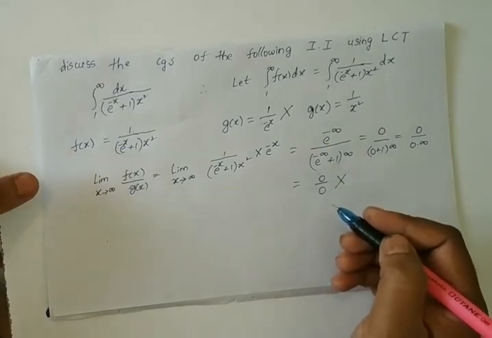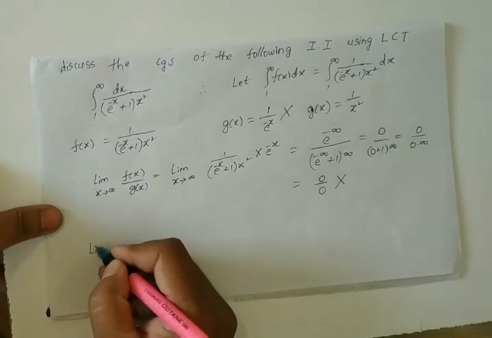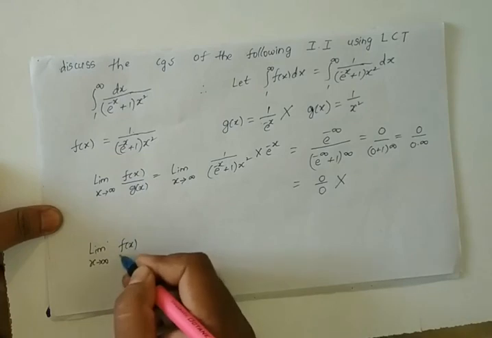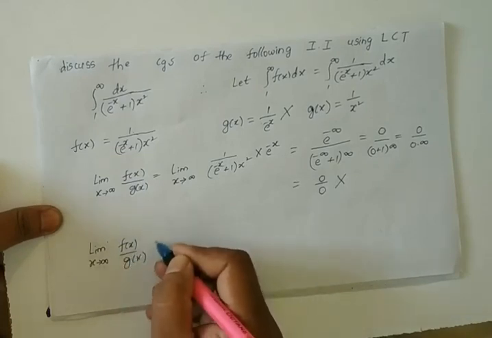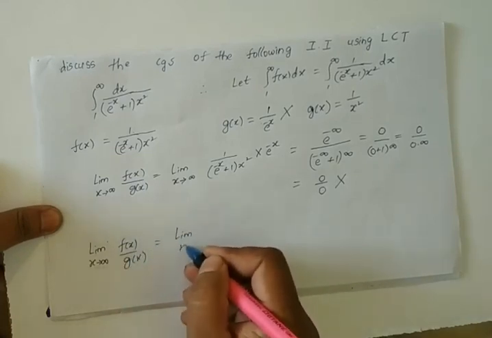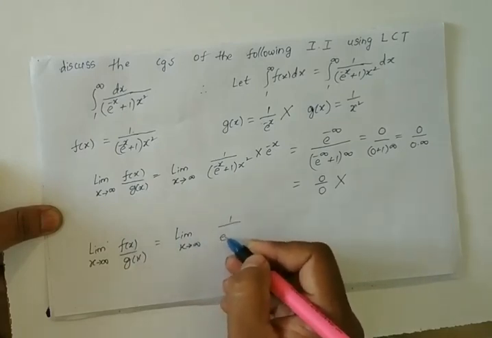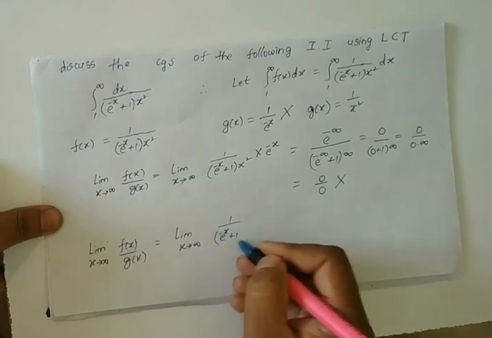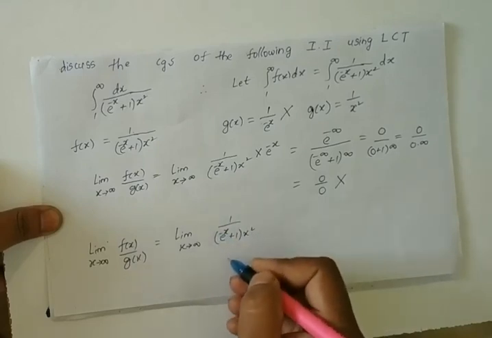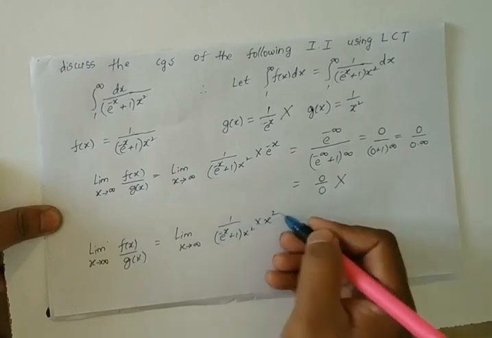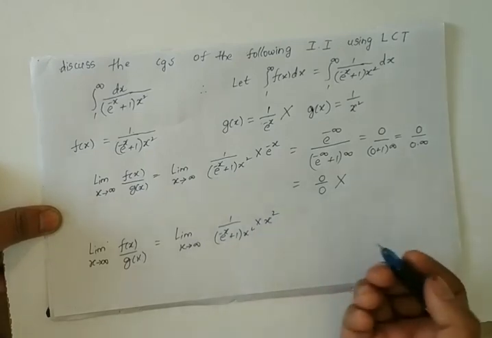This is equal to the limit as x tends to infinity of 1 by (e power minus x plus 1) into x square, divided by 1 by x square, that is multiplied by x square. So here x square gets cancelled.